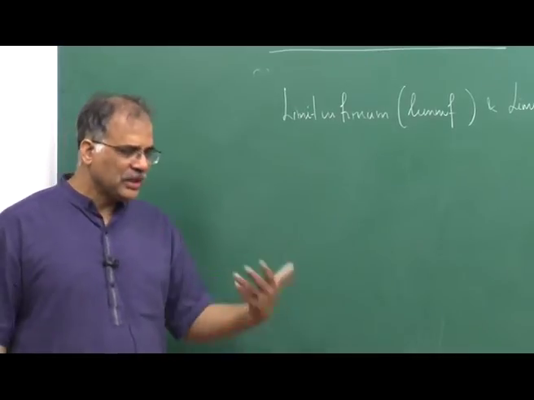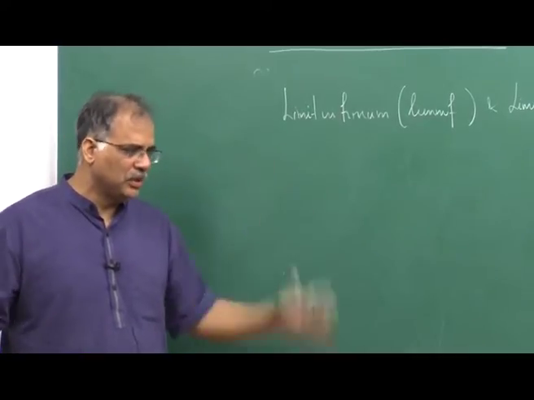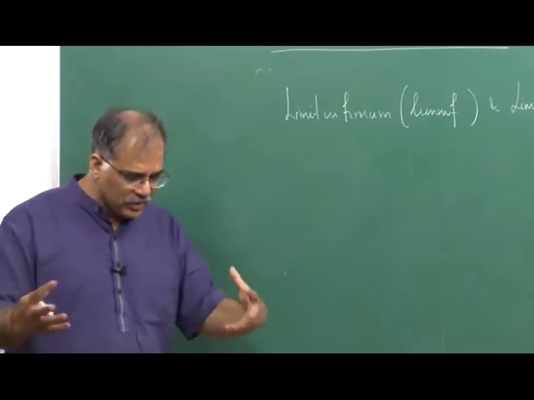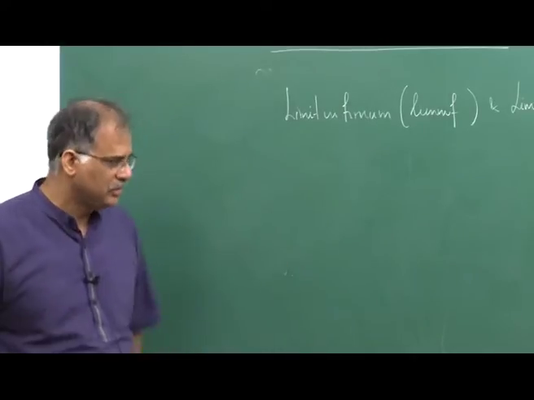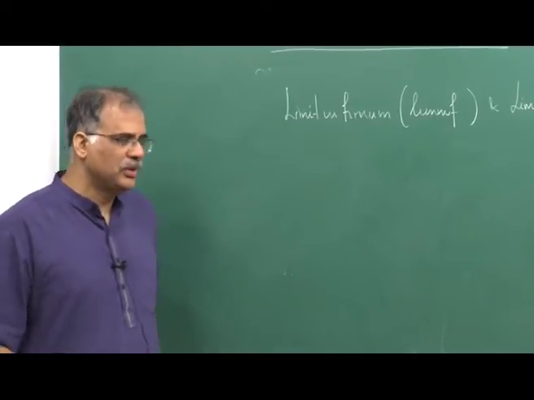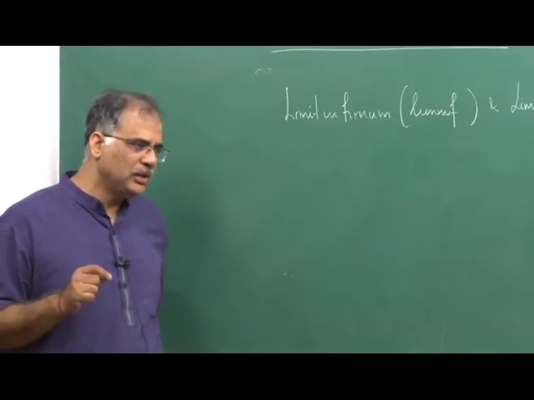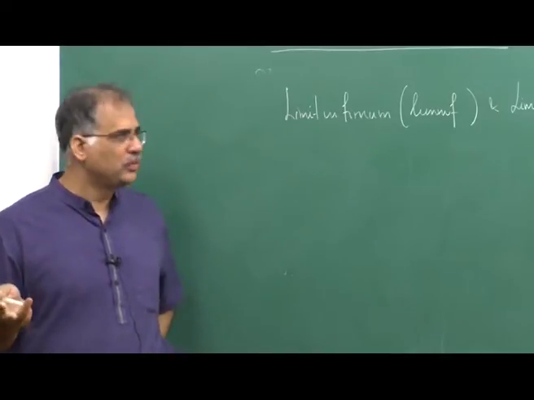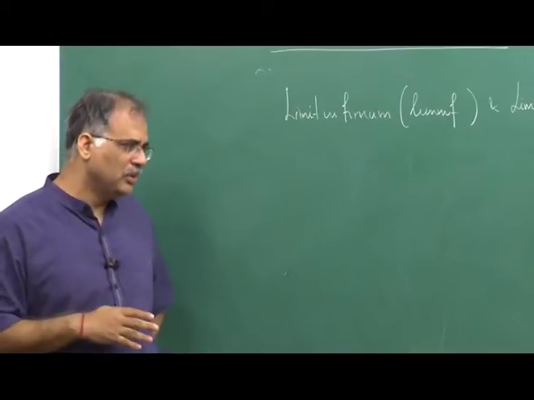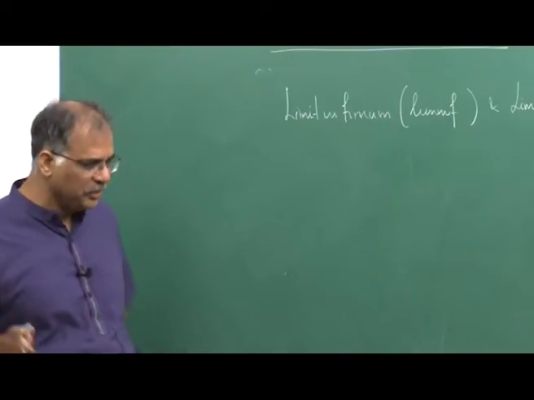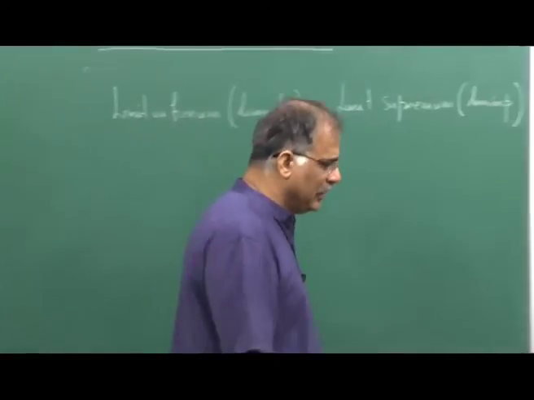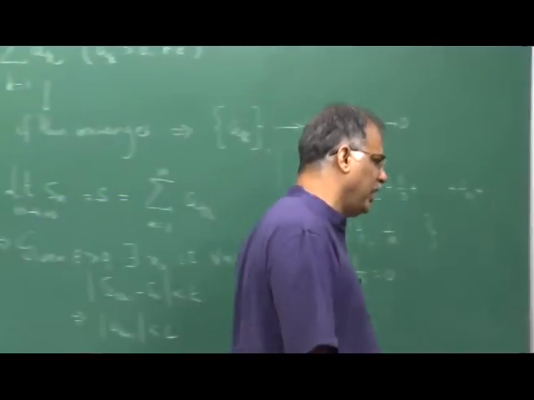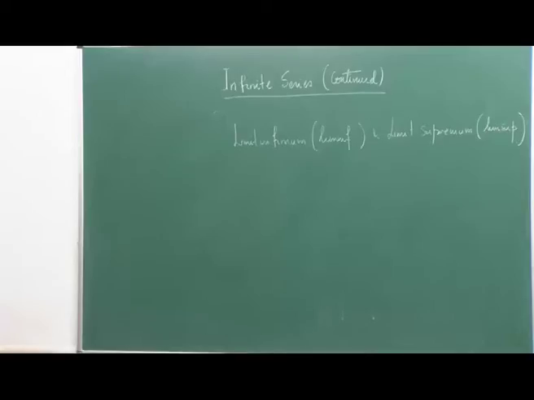Now, each subsequence converges to some number. Collect all those numbers, which are called the limit points of the sequence, and take the supremum of the limit points, which is the limit supremum, and take the infimum of the limit points, which is the limit infimum. But there is a particularly interesting way to actually define this.